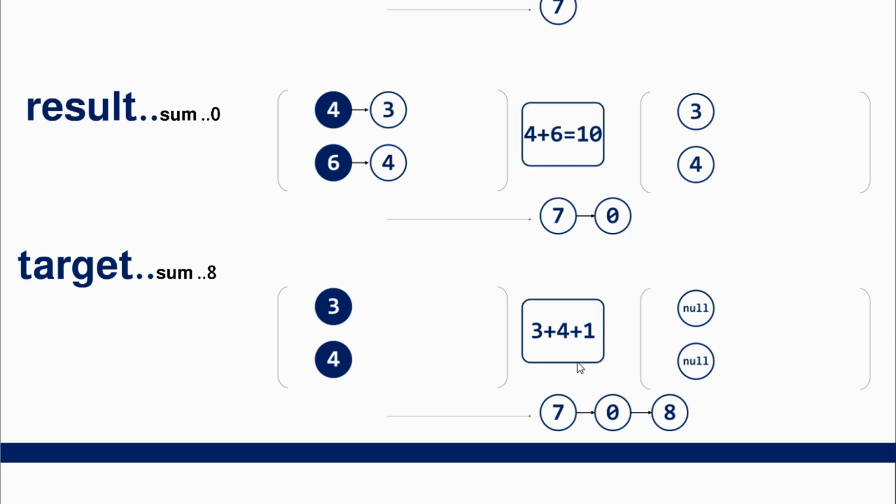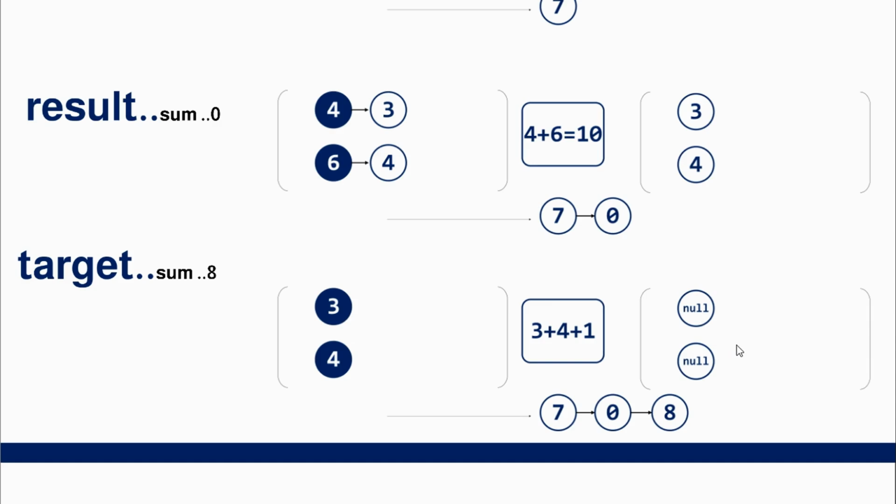It is 8, so append 8 to the result list, and now our resulting linked list is 708. Now we'll move to the next node from each list. Now both lists are pointing to a null node. So this is the last step. We can return our result list.